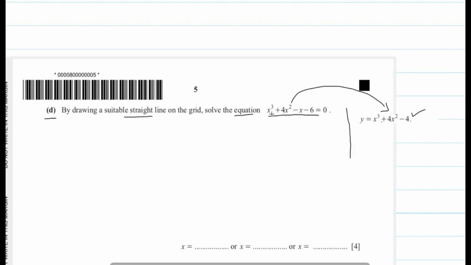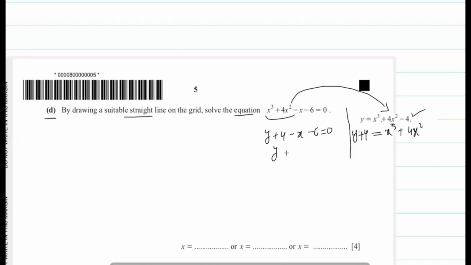Look here, x cubed plus 4x squared will be equal to y plus 4. This is y plus 4 equal to x cubed plus 4x squared. And we write here, in place of x cubed plus 4x squared, y plus 4. This is minus x minus 6. We write as it is.